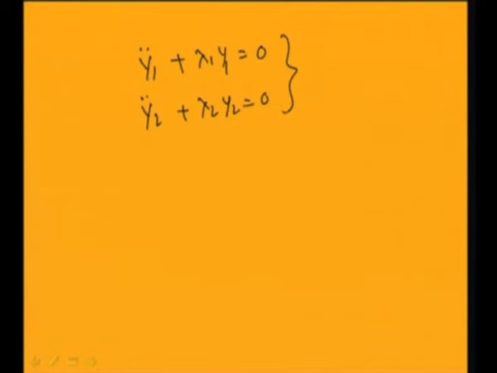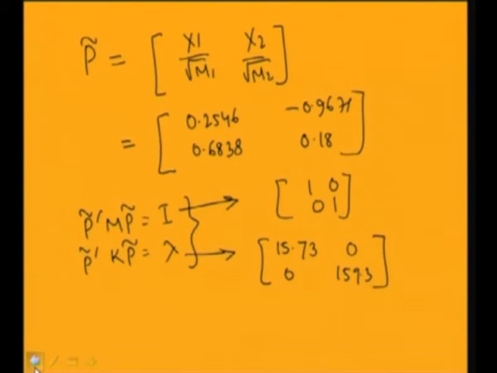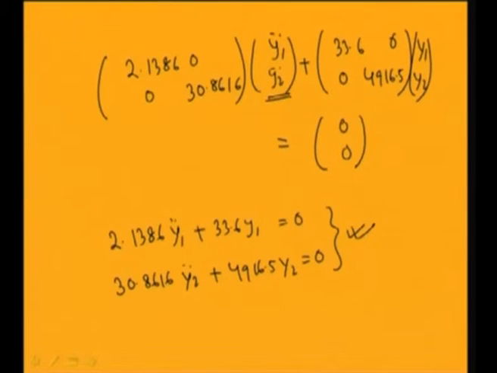You can verify that in the previous case also you obtained the same equation, that is y1 double dot. If you divide this 33.6 by 2.1386, this becomes your lambda 1, and here y2 double dot plus, this 4916.5 by 30.8616, this becomes lambda 2.